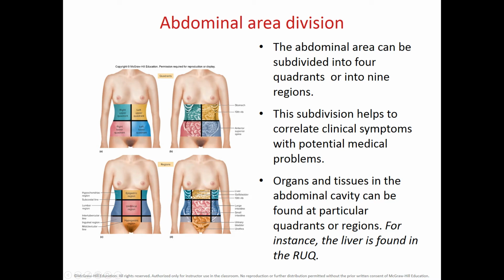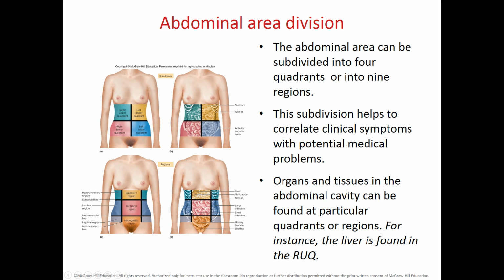And then organs that you can find on the right hypochondriac region will be the liver and the gallbladder. In the epigastric region, you will be able to see part of the liver and part of the stomach, and then on the left hypochondriac region, the spleen. And then the ascending colon on the right lumbar region, and then posteriorly in the back will be the kidneys.